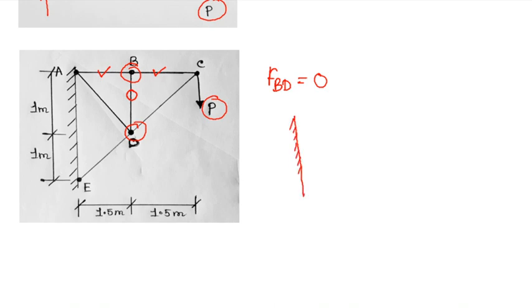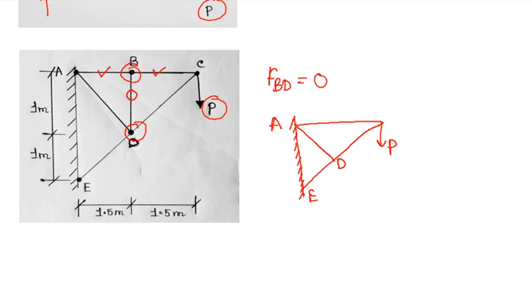We can reduce the drawing somehow like this. Since BD is already 0, we can draw it like this. So here it's P, and here D is there, right? This is E and this is A. We are not drawing BD because it's already a zero force member.